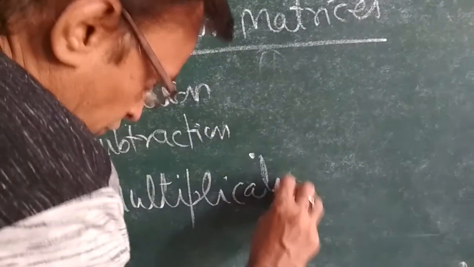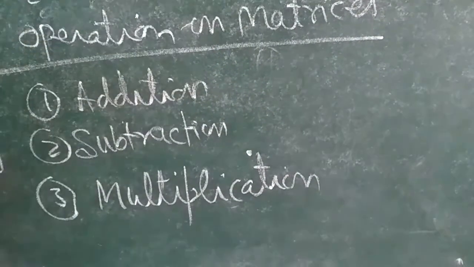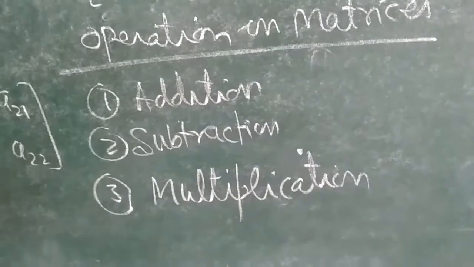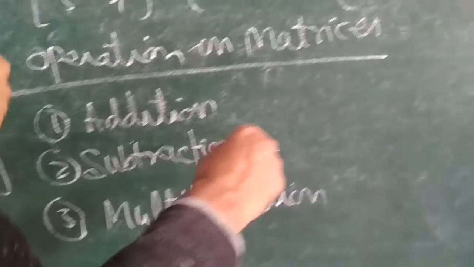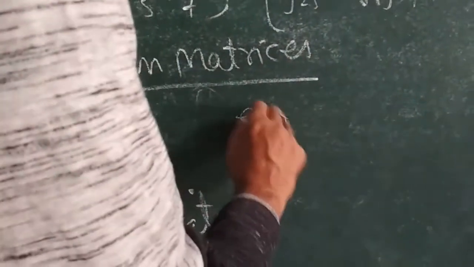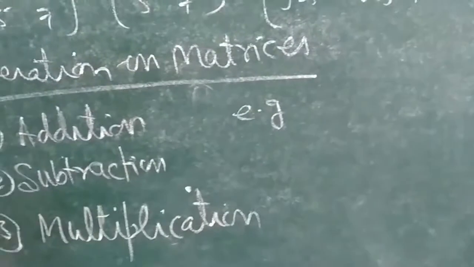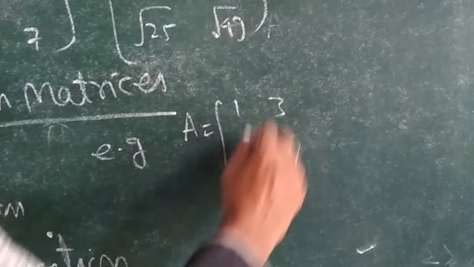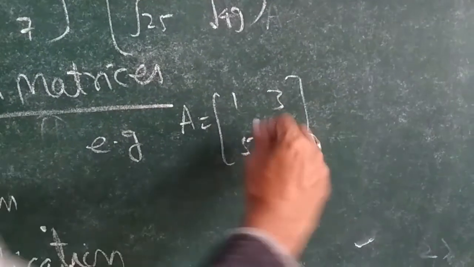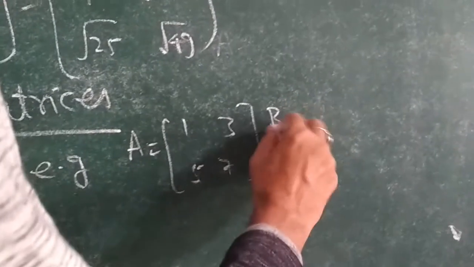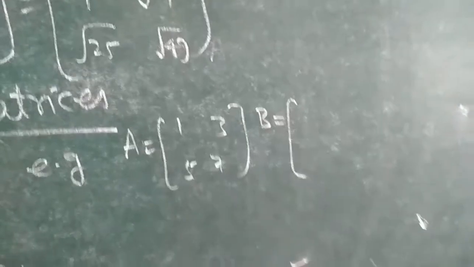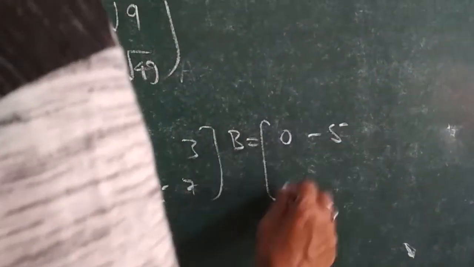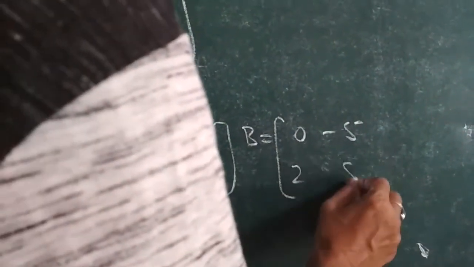Division of matrices is not in your syllabus. Addition, subtraction, multiplication. I take examples here. For example, there is a matrix A having these elements, and B is a matrix which contains some elements 0, -5, 2 and 8.